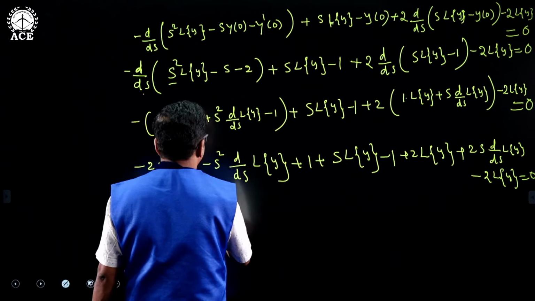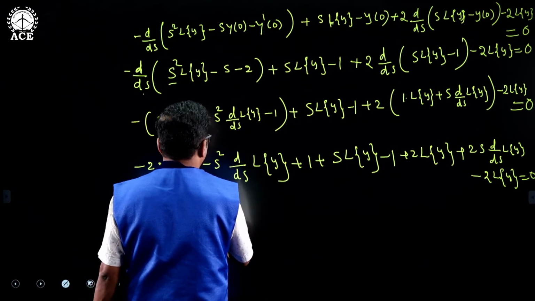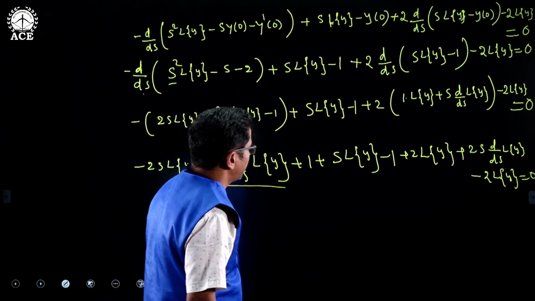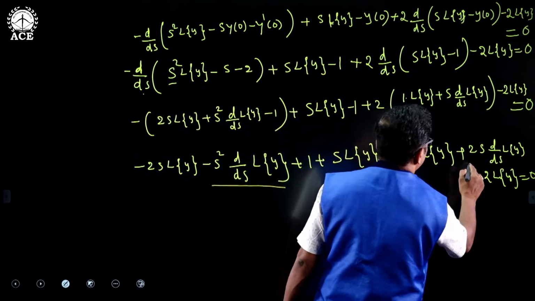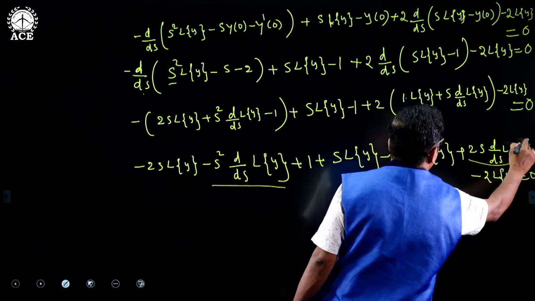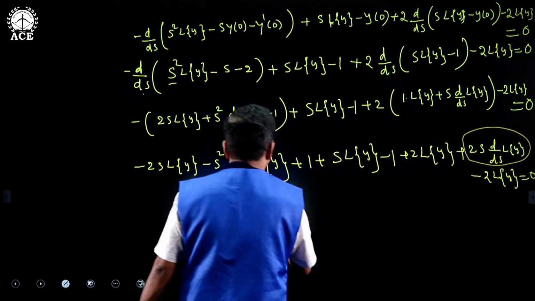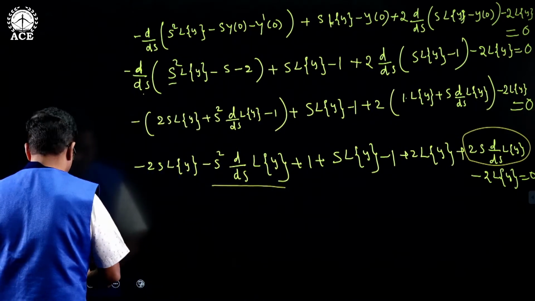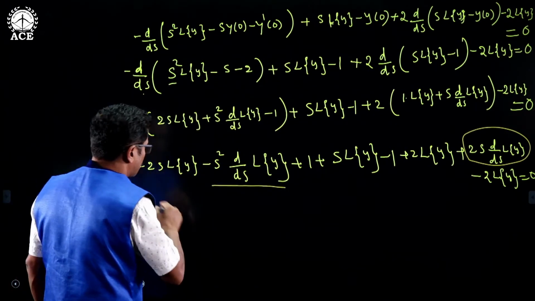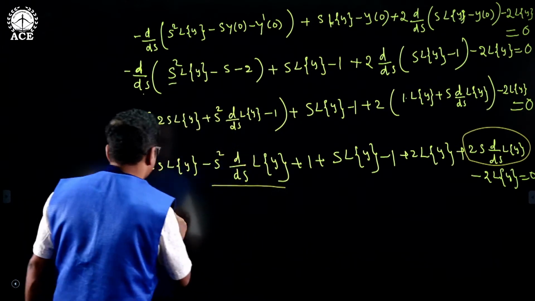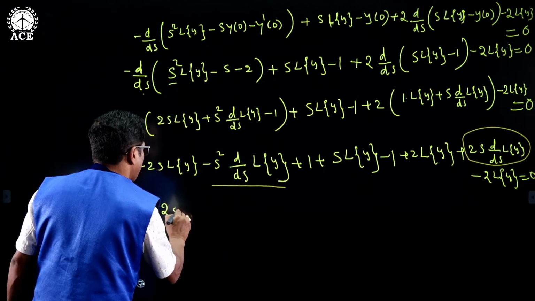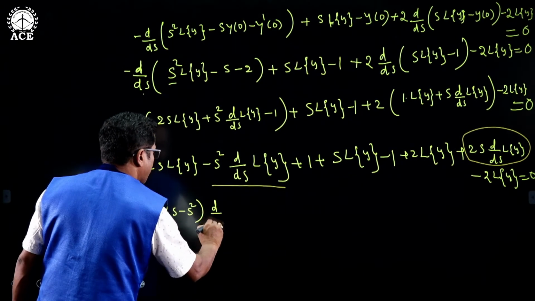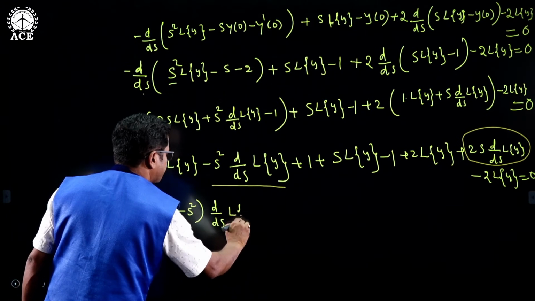So this one, minus s square d by ds of L of y plus 2s d by ds of L of y, you write these two under. So here 2s minus s square into d by ds of L of y.